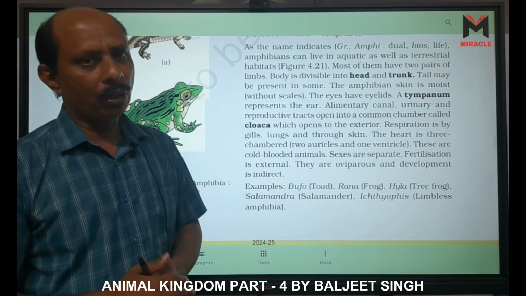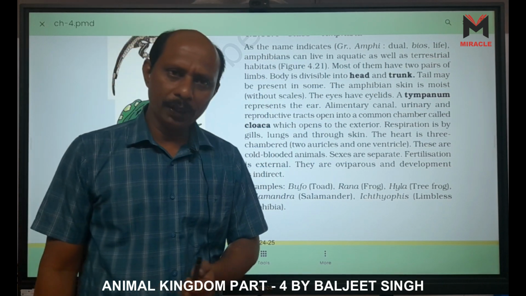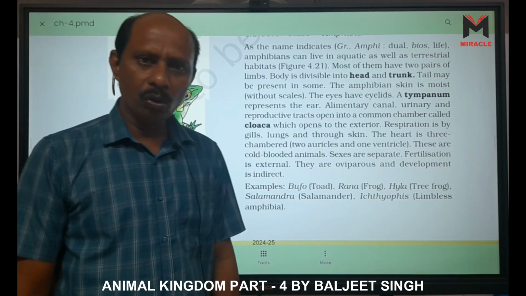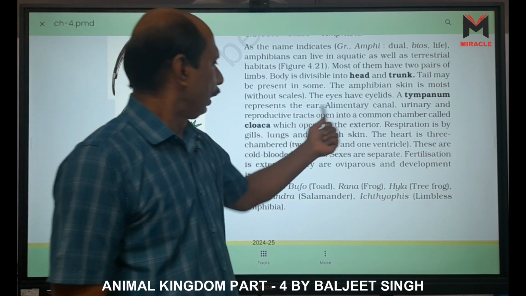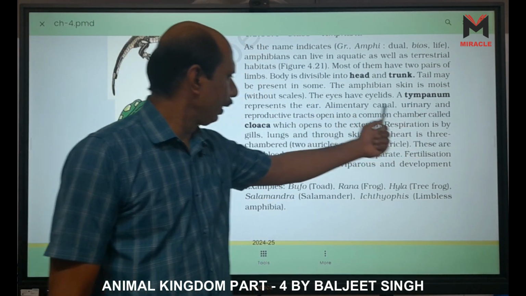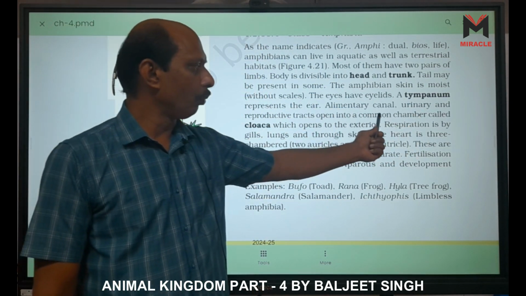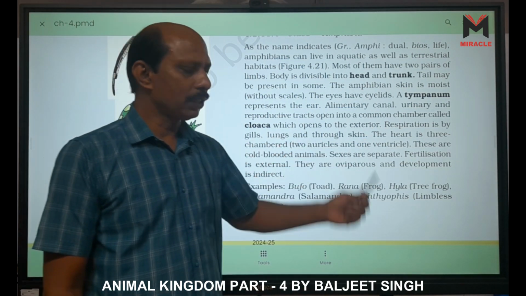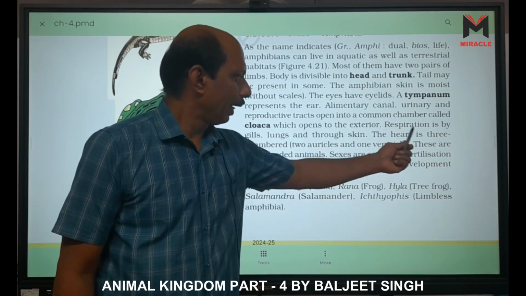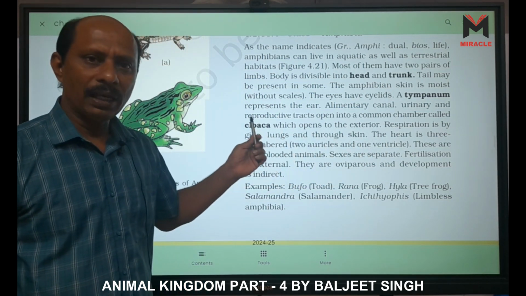That single chamber is called the cloaca. In fishes, cloaca is present. Amphibians also have a cloaca, and reptiles also have a cloaca. The cloaca opens to the exterior.